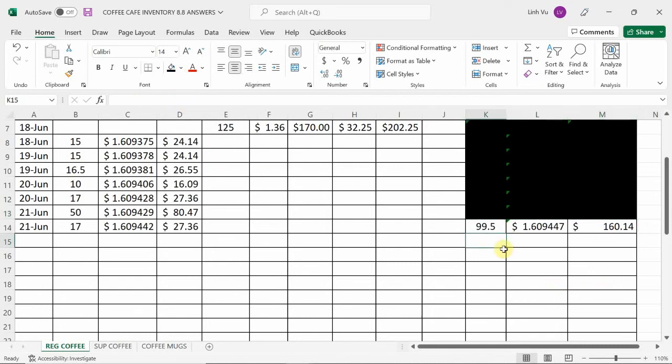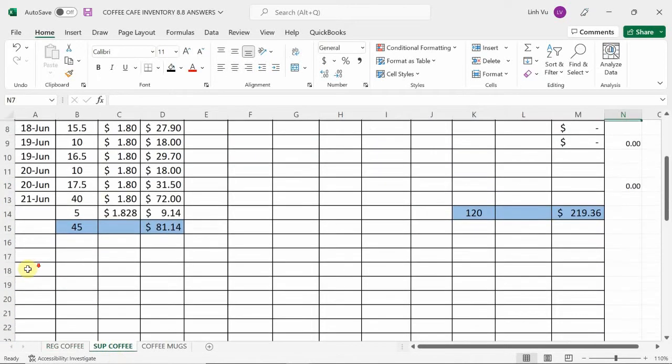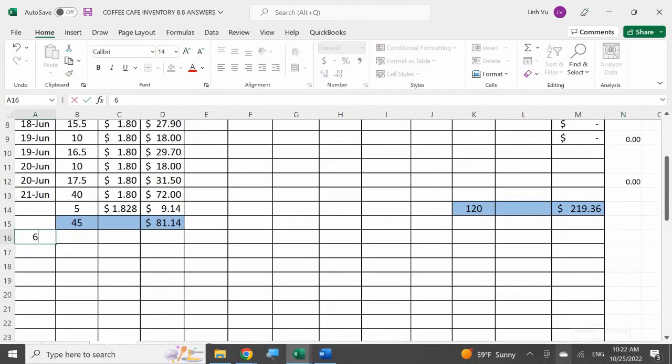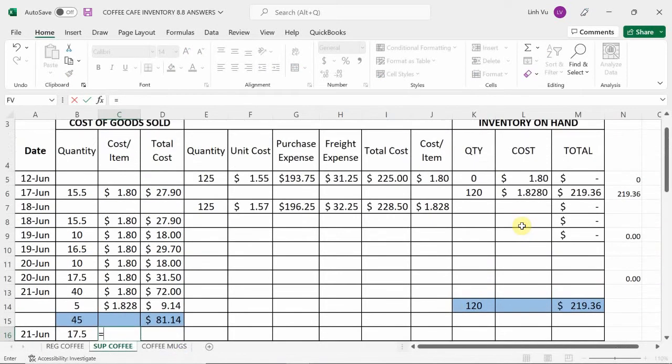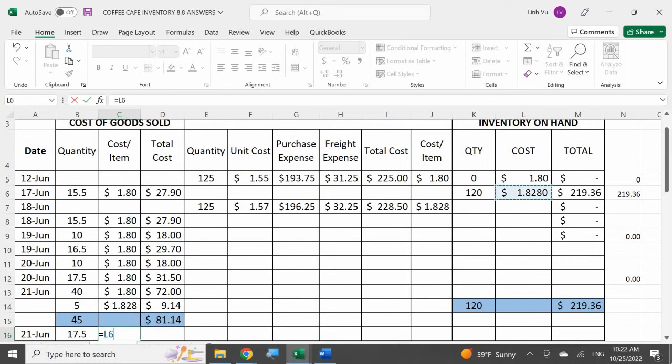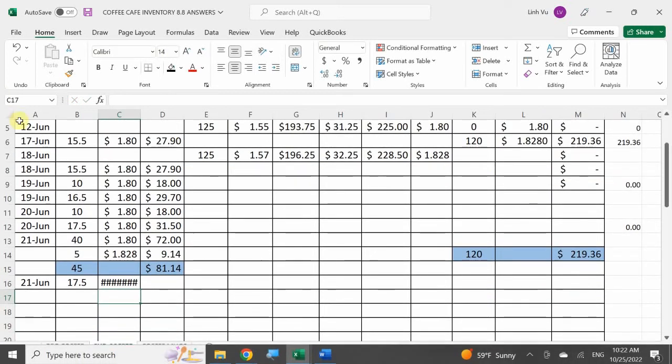So you should have 27.36 for the regular. For the Supreme, you sold 17 and a half pounds, or used. At what cost per item? Only one batch left. 1.8280. Okay.